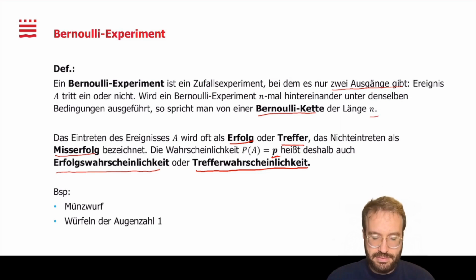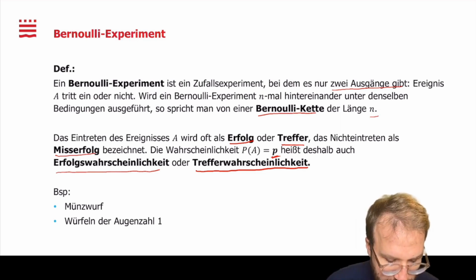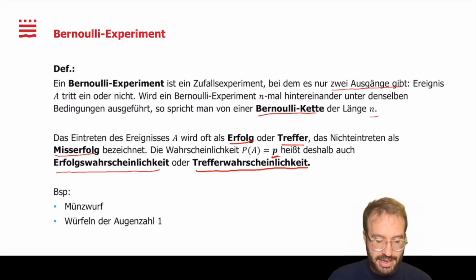So it naturally works out that there are two outcomes. When rolling a die, it's a bit different. We have to think about what a hit means or what success is. And that could be, for example, that the number 1 is rolled compared to the number 1 not being rolled. And we'll do that because it makes it a bit clearer what p and 1 minus p are.